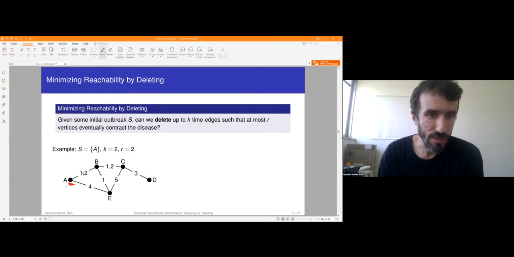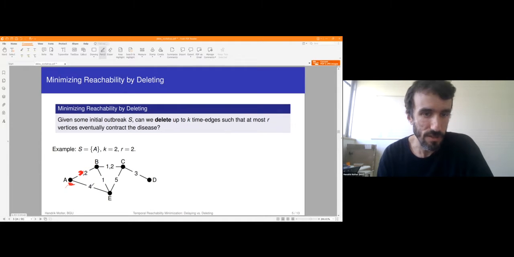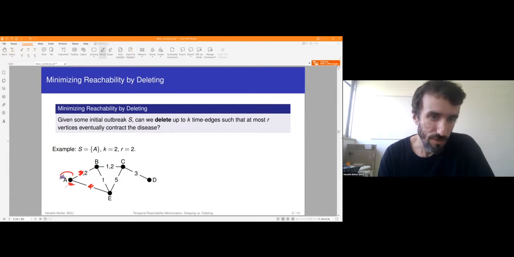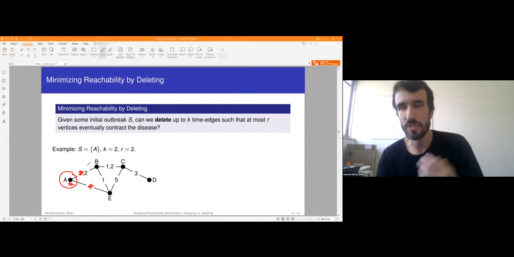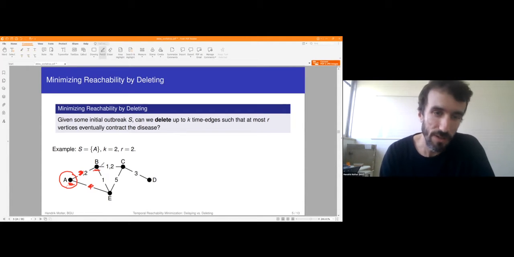So what I can do here is delete this time edge between A and B at time 1, and this one between A and E at time 4. And what we can see is that, well, we can't save A. It was initially infected, and the only other vertex is going to be B, because we are considering strict paths.